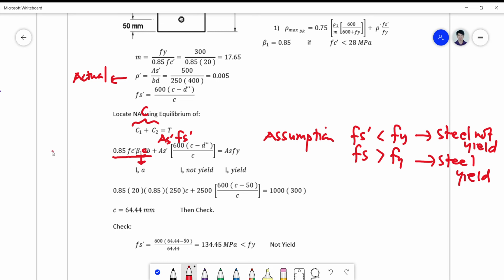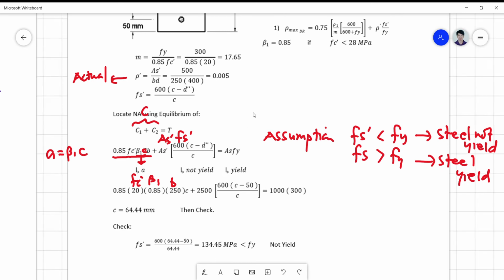We know that a is equal to beta 1 c. Substituting the values, this is 0.85 times 20, where 0.85 is beta 1, c is unknown, and 250 is the b, the width. This is beta 1, this is f'c. And then this is plus 2500, I think there's an error here.